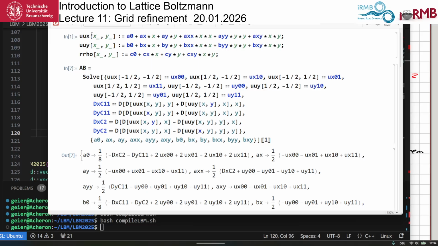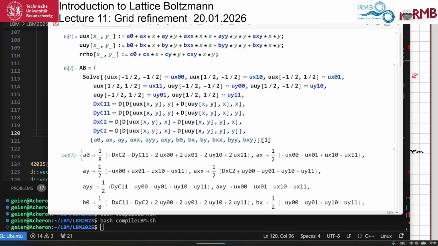So say we have ux and uy as functions of x and y, and these are the coefficients defined like this. And now we write down these functions, and we have the origin of the coordinate system in the center. So the node ux 0, 0 will have been at -1 half, -1 half.